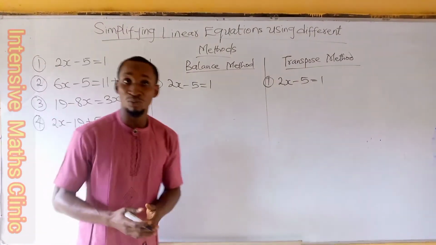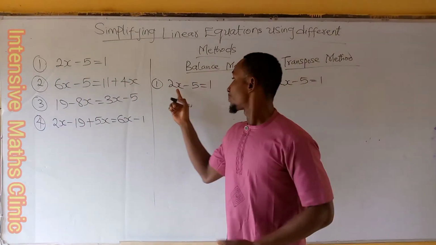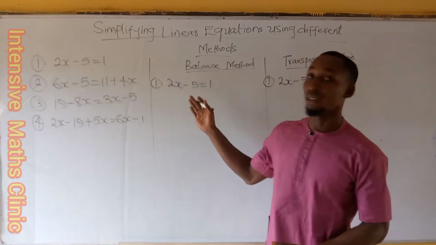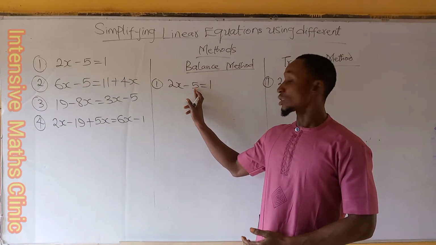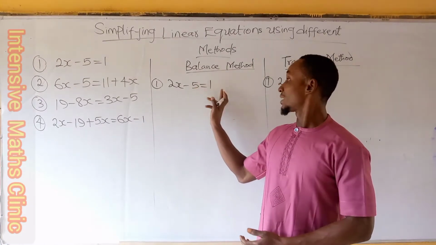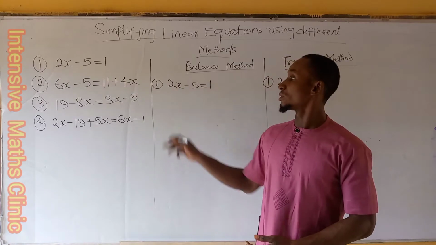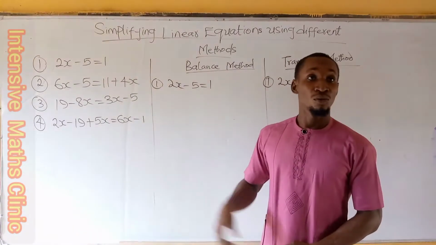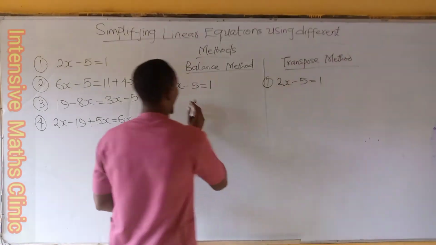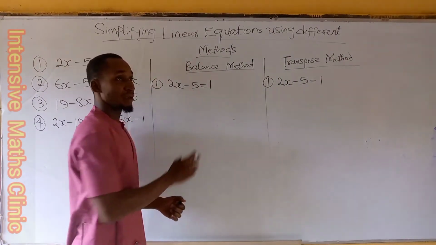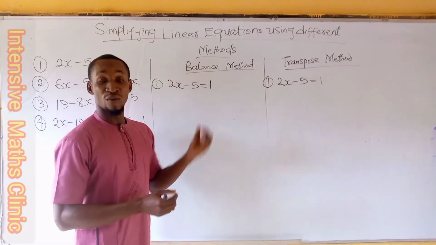For us to be able to use the balance method, we have to observe the operation that the constant has at the left hand side and the right hand side, and also observe the arbitrary term, the 2x. From here, we can use the additive inverse of minus 5, which is plus 5.